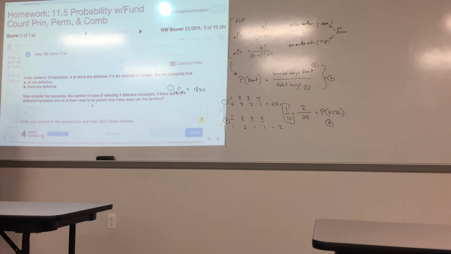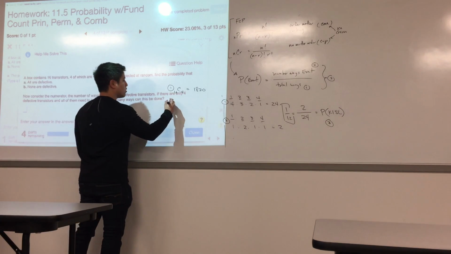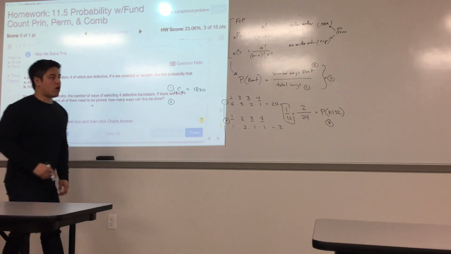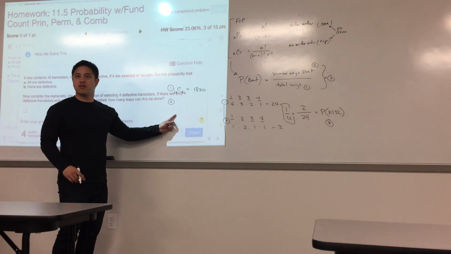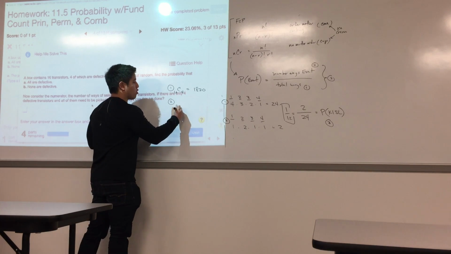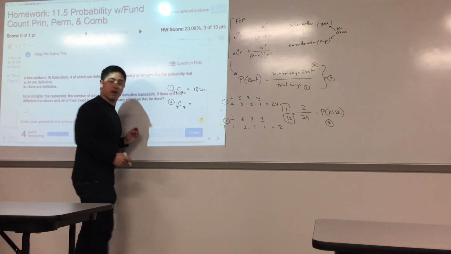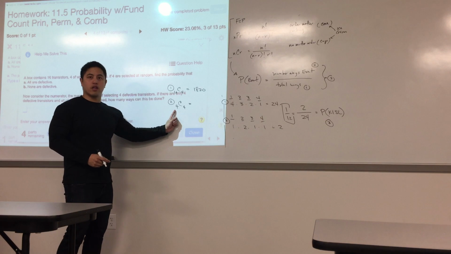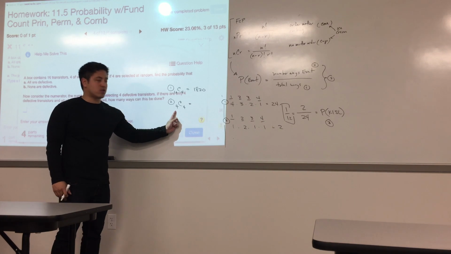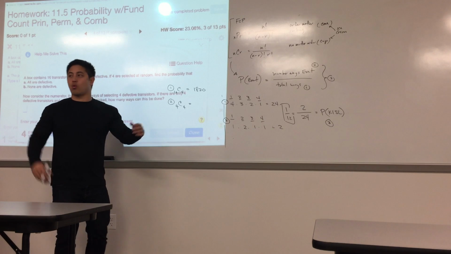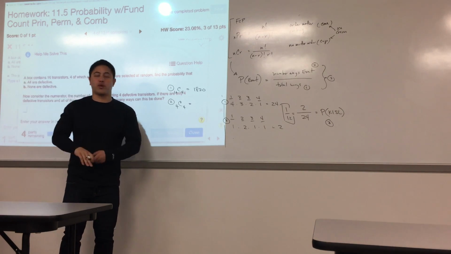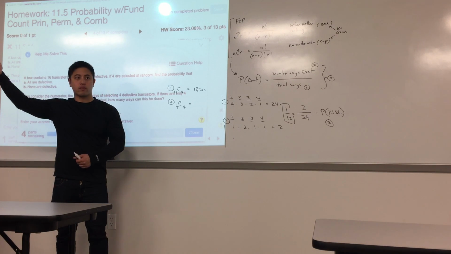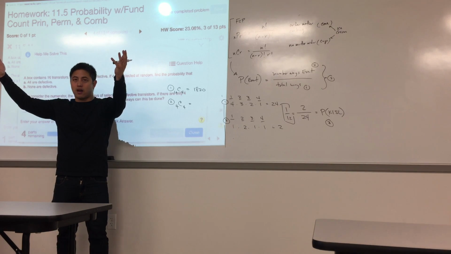Now, what does that tell you? If there are only 4 that are defective and you need to select 4, what's our setup here? 4C4, because the order doesn't matter, right? There are 4 defective transistors to select from, just like there were 7 women to select from in the previous problem, where you were taking 3 women at a time.